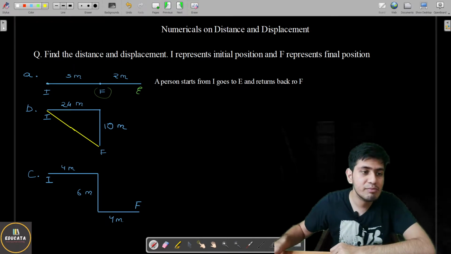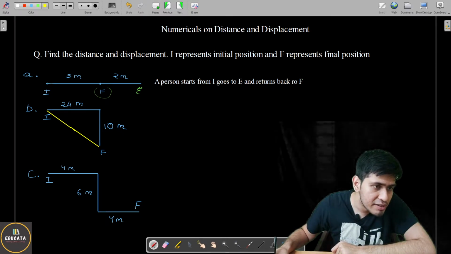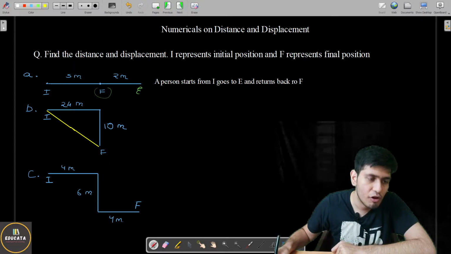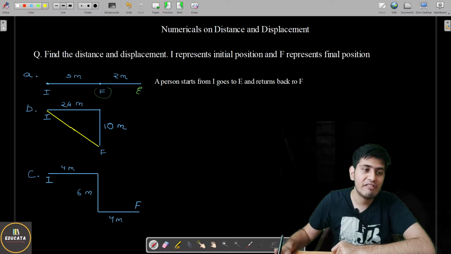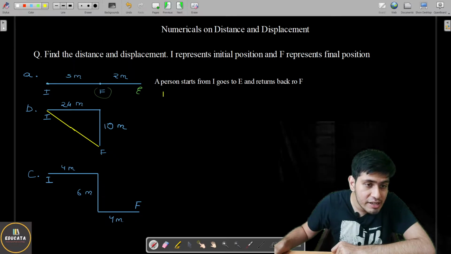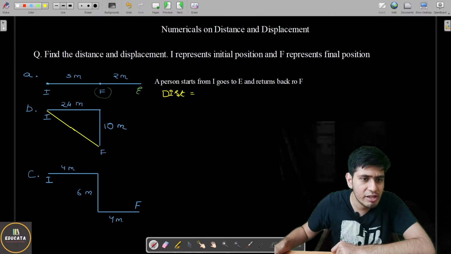Now, in this particular case, if the person travels from I to E, the total distance covered by the person may be 5 plus 2 is equals to 7. Okay, 5 plus 2 is equals to 7.